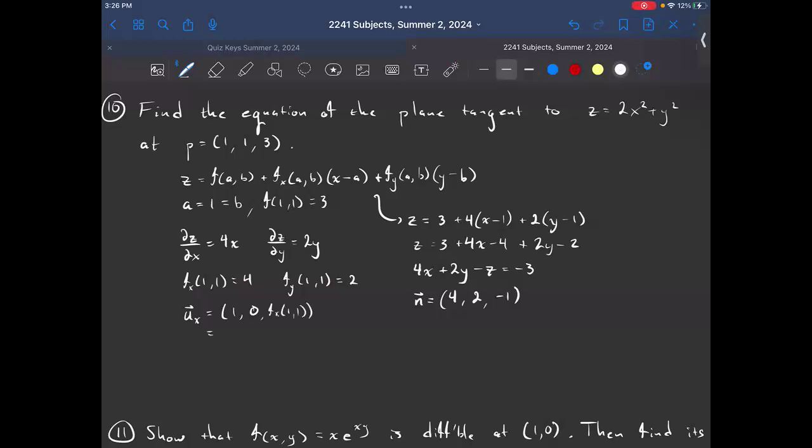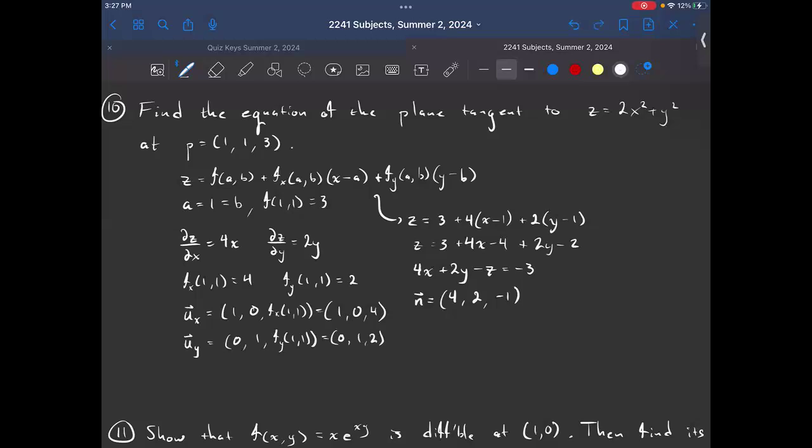So that is 1, 0, 4. And then uy, 0 in the x direction, 1 in the y direction, and fy of 1, 1 in the z direction. So we get 0, 1, 2.